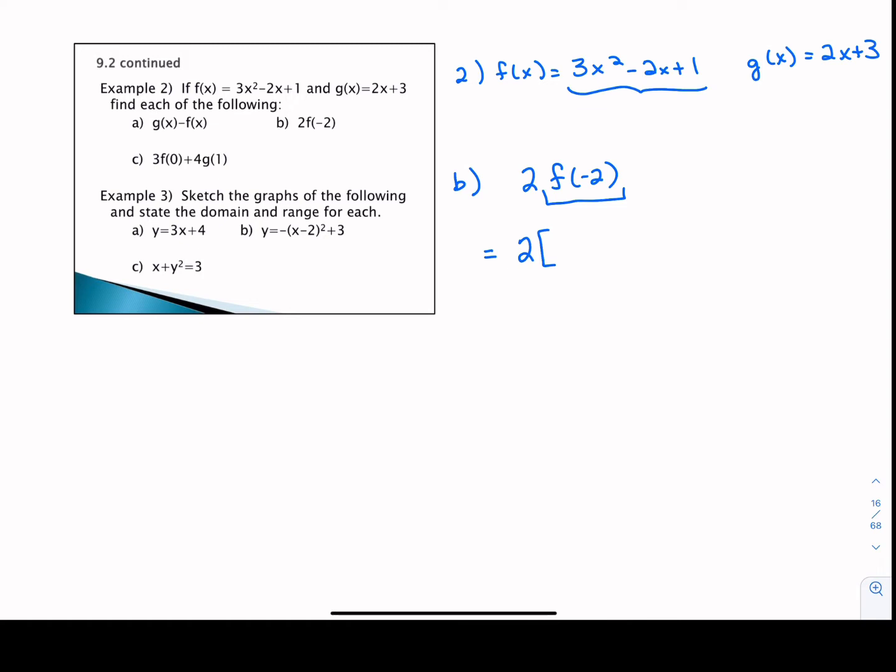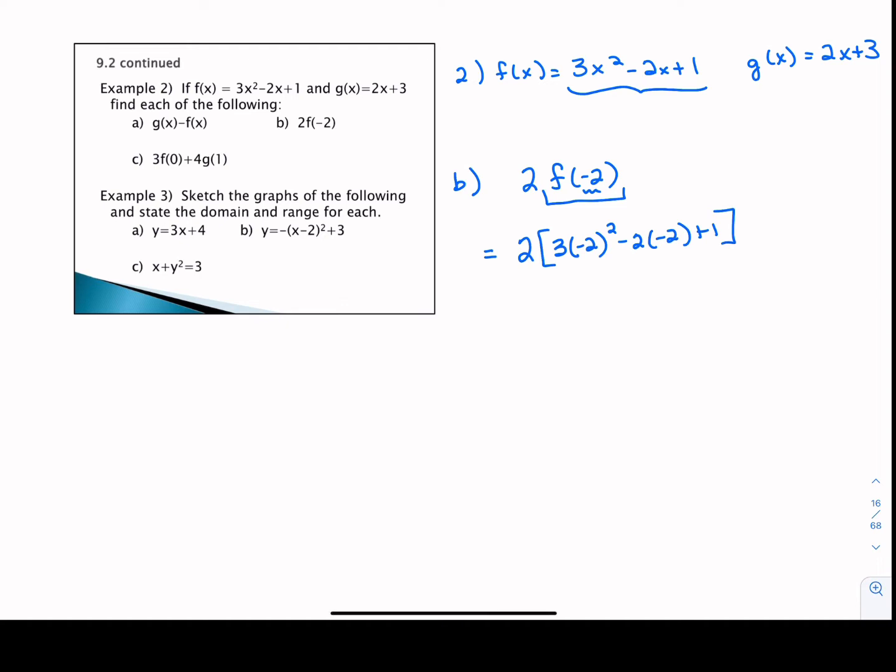So what that means is instead of 3x squared minus 2x plus 1, I'm going to have that 3 up front, but we take out the x and replace it with negative 2. So you'll have 3 times negative 2 all squared minus 2 times negative 2 plus 1.